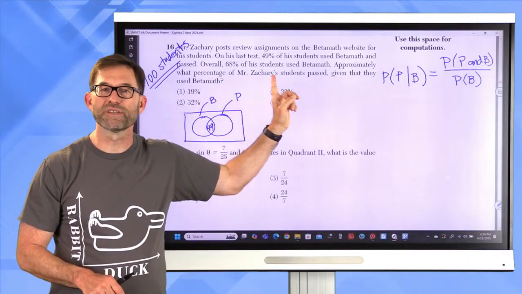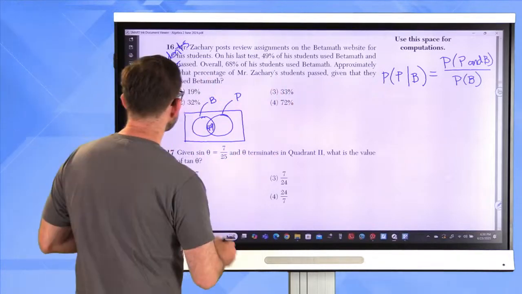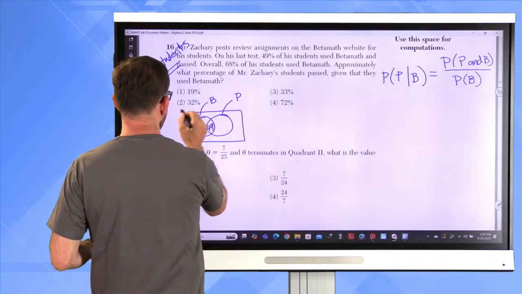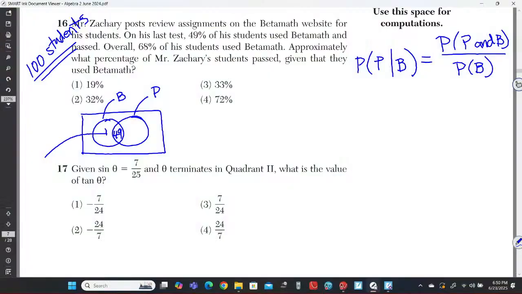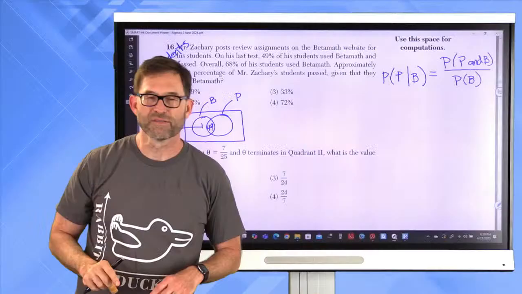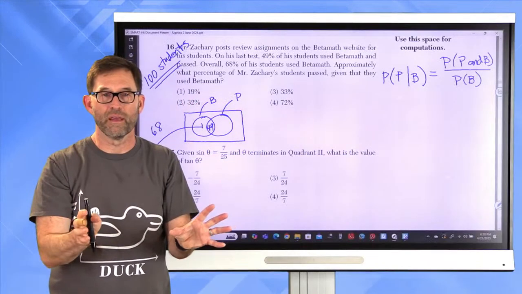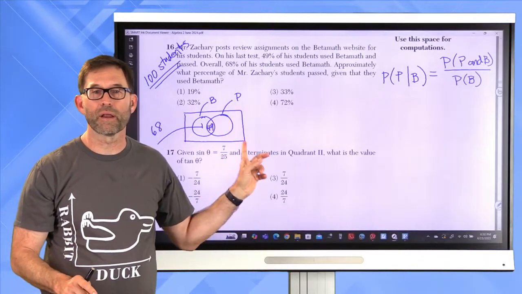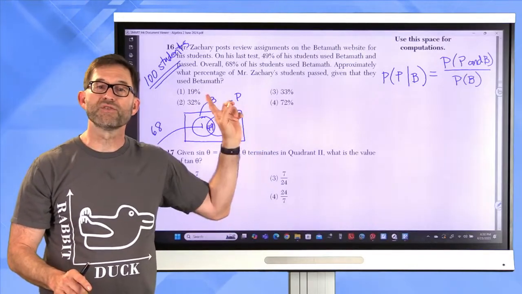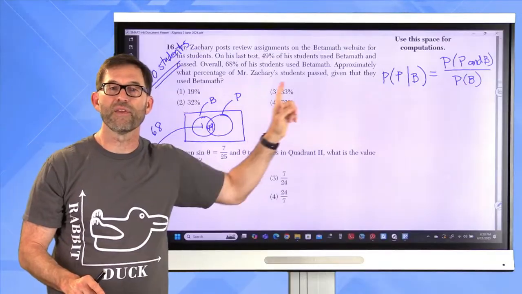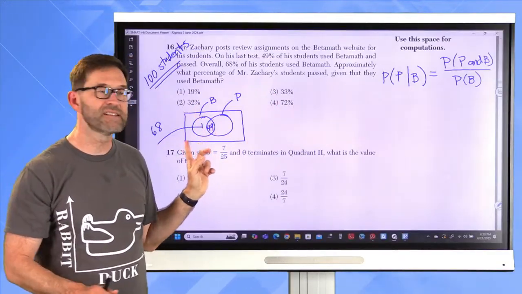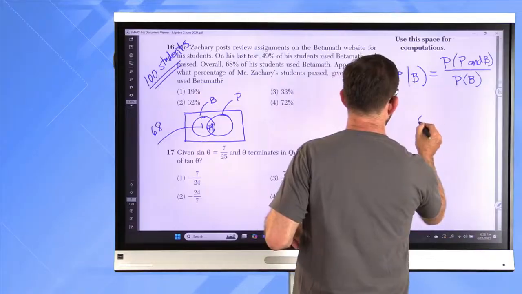Overall, 68% of his students used Beta Math. So the entire circle is 68 students. That's the whole circle of B. I don't really care what's over here and I don't care what's out there, because as soon as I say given that they used Beta Math, that 68 is in the denominator.